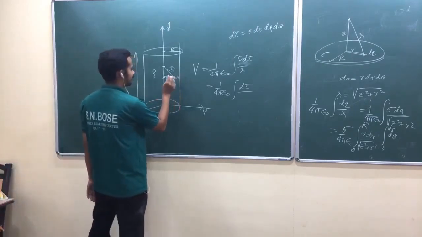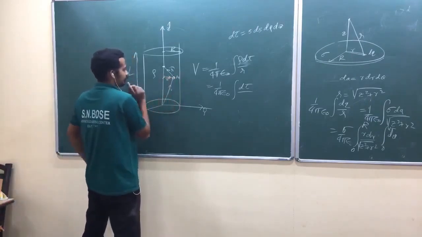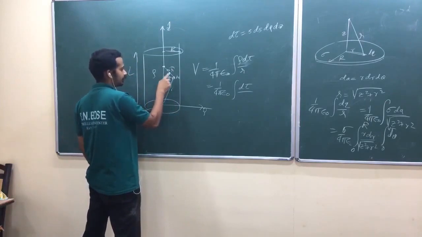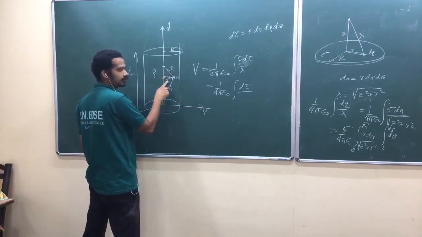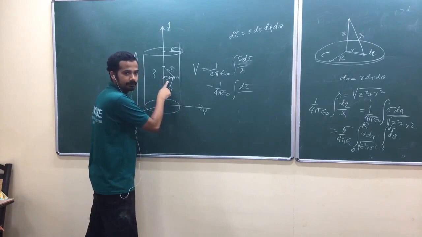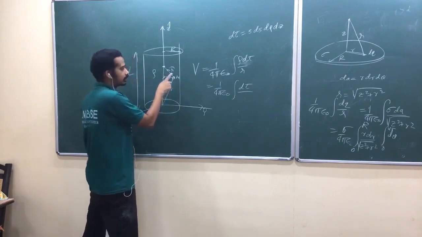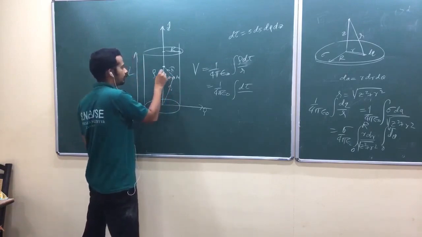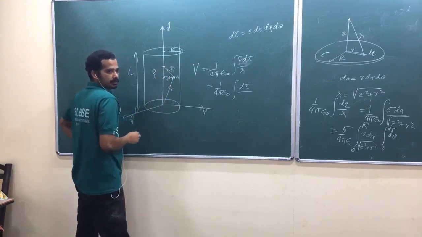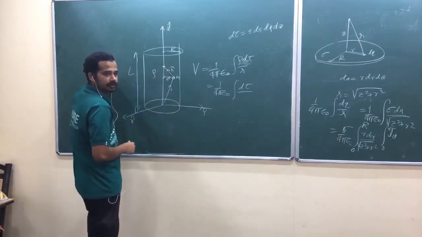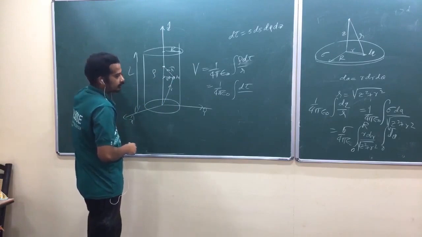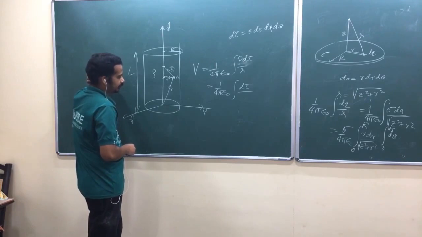Wait a second. Now it's okay, S is okay. Now you have to write your italic R in terms of cylindrical coordinates. Now you can write italic R in terms of S square plus this square. How do you write that distance?